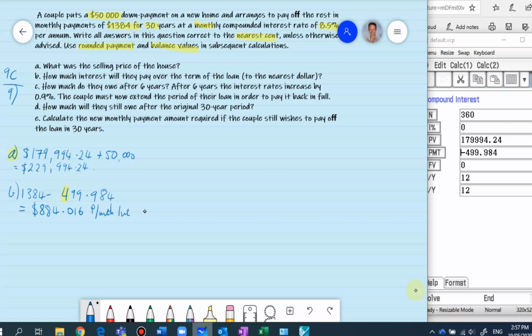Now if we times that by 360, the term of the loan, so we want to know how much interest they pay over the term, then we get the total interest. And that comes to $318,245 and 76 cents. Okay, so that's part B.